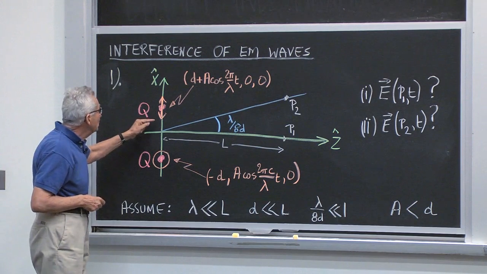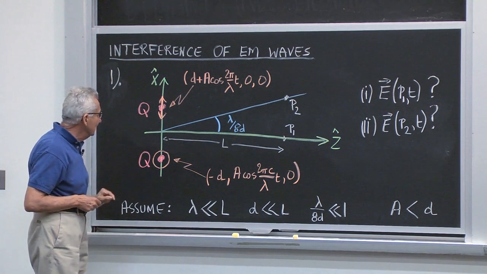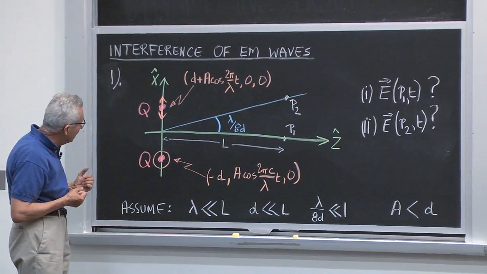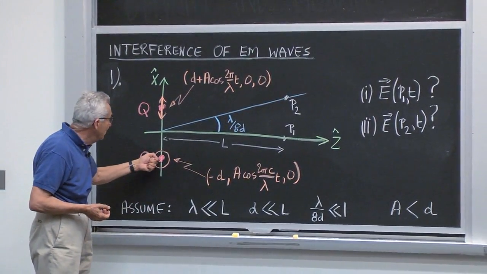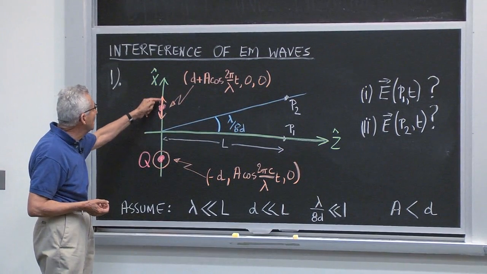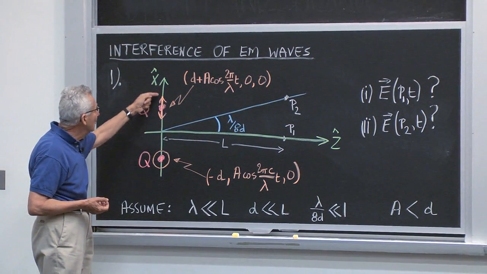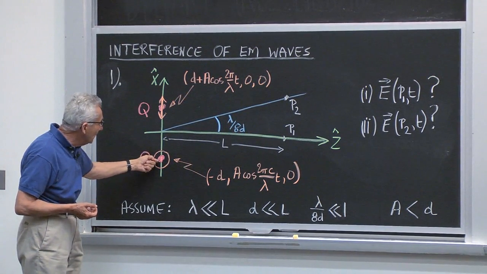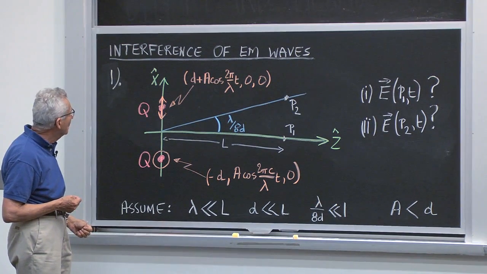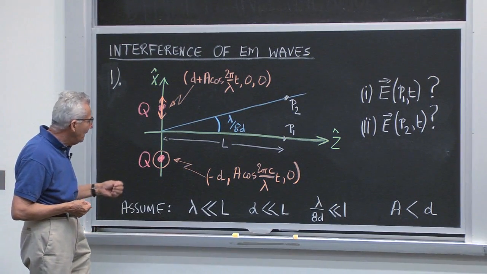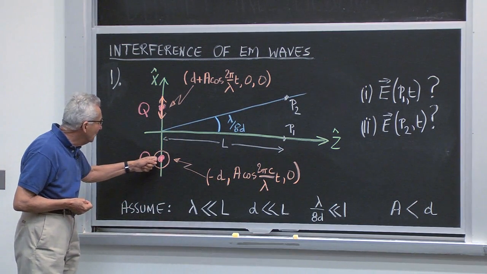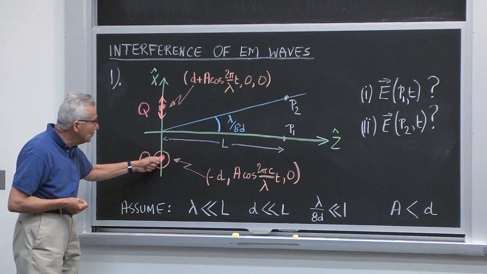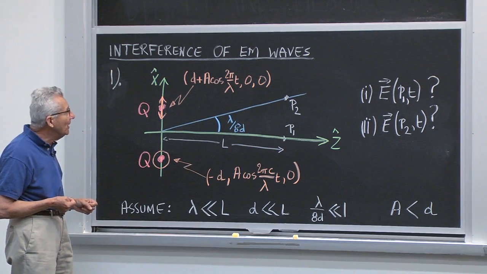So this one is oscillating up and down like that. And there is another one over here oscillating, just for fun, in the other direction. This one is oscillating along the x-axis, and this one is oscillating along the y-axis. And here is the formula which tells you the position of this one at a given instant of time.